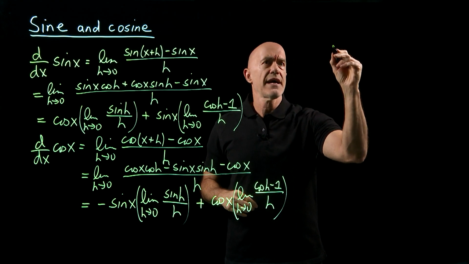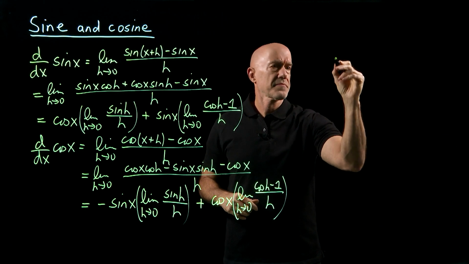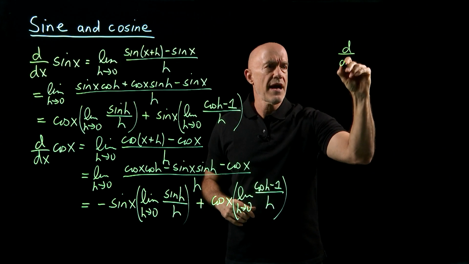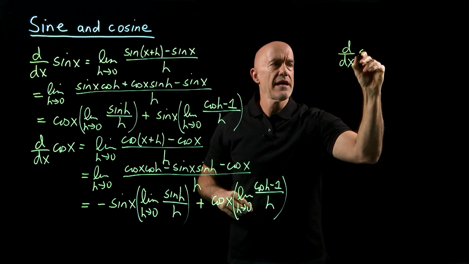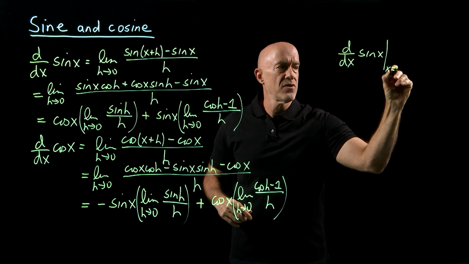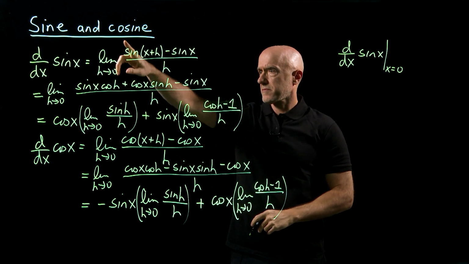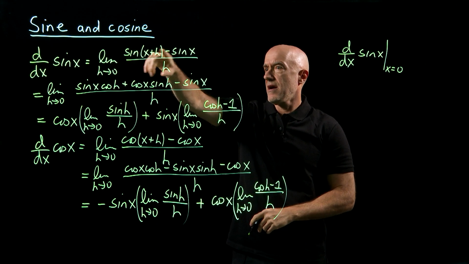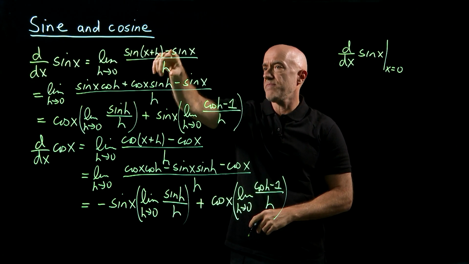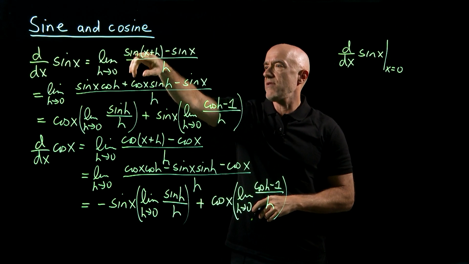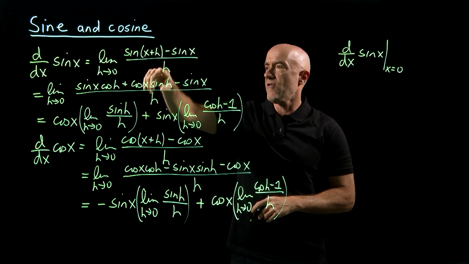So if we looked at the derivative with respect to x of sine x evaluated at x equals 0, then we would end up with sine of h minus sine of 0, but sine of 0 is 0, so that would just be sine h over h.